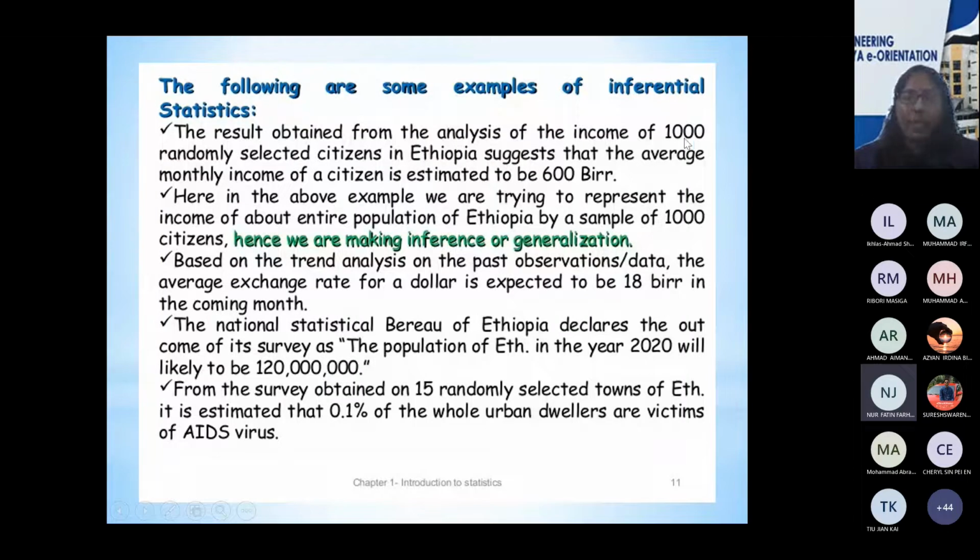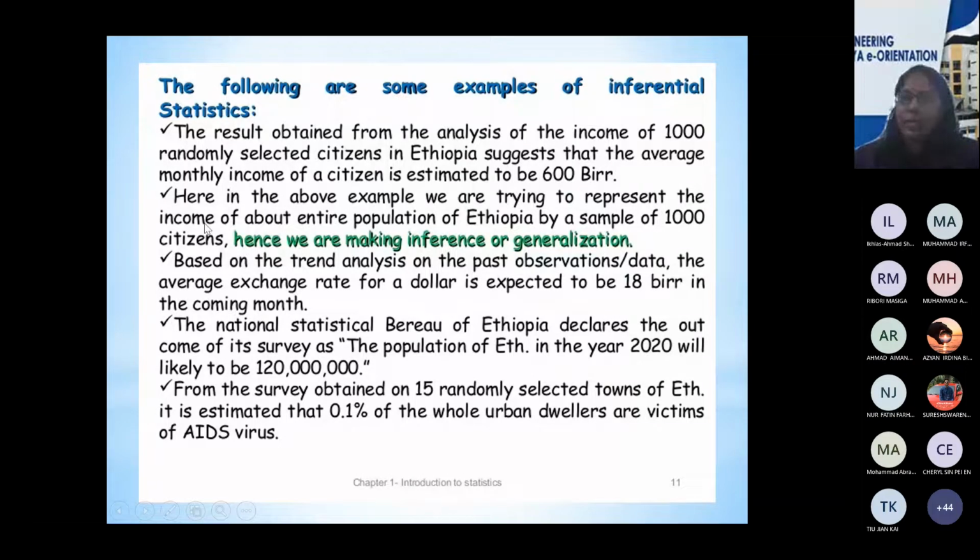So this is my analysis and then I am making a conclusion that the average income of each citizen is 600. Okay. So we are trying to make a generalization by taking a sample of 1,000 citizens to represent the whole income of the entire Ethiopia.